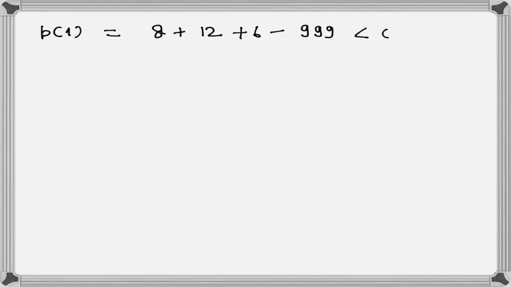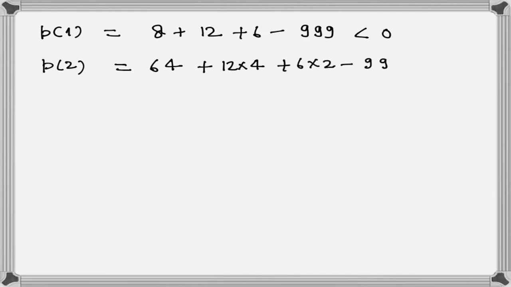This is definitely less than 0. What is P(2)? P(2) is 8 times 8, so 64, plus 12 into 4, plus 6 into 2, minus 999. So this is also definitely less than 0.